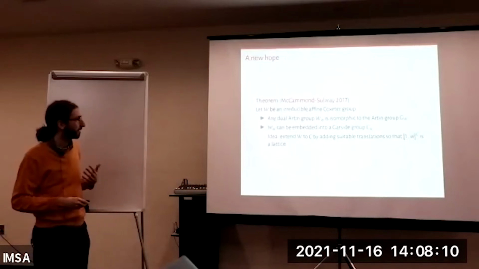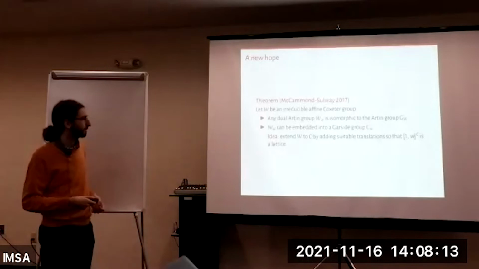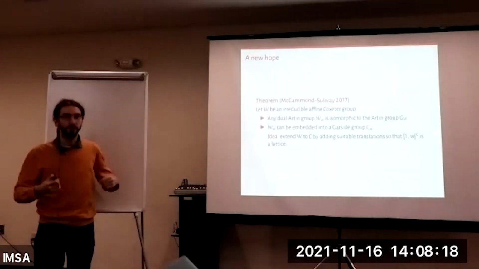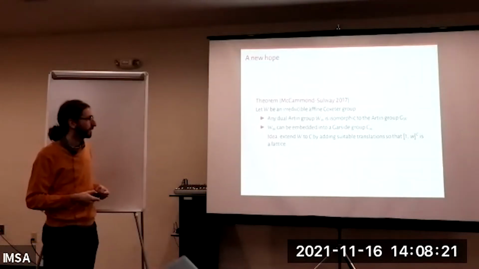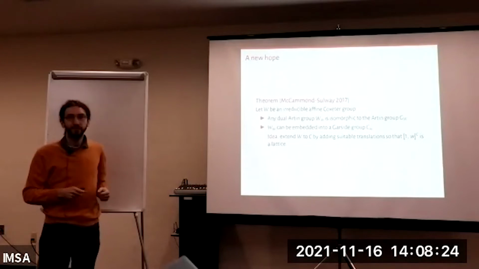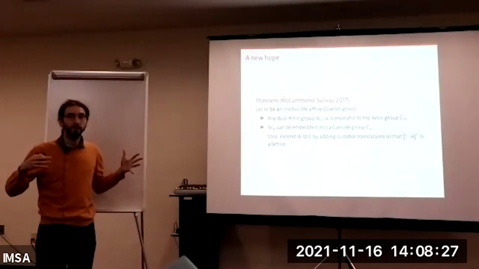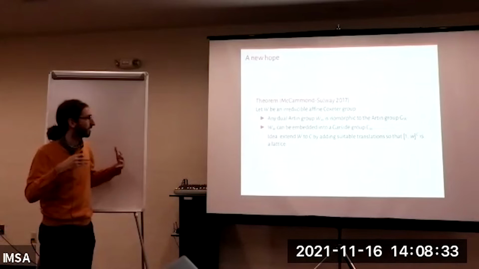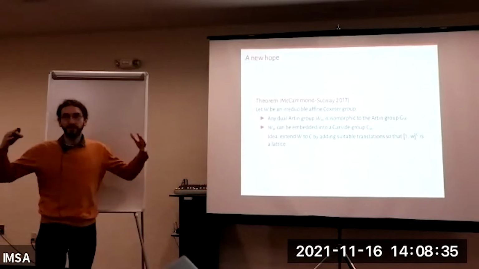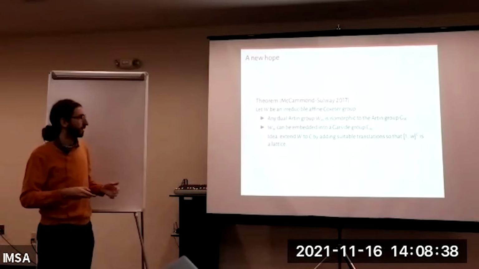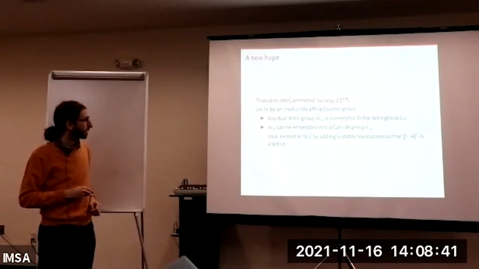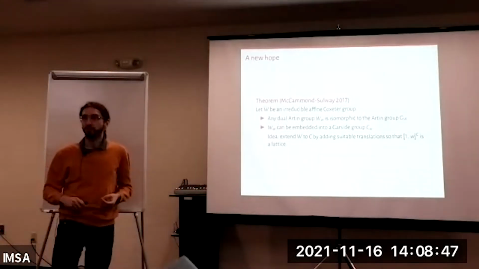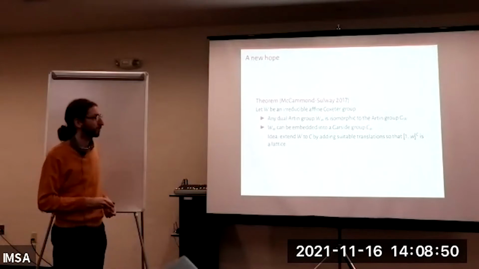In fact, McCammon and Salvetti also gave a construction of a kind of completion to a Garside group, where basically they extended the Coxeter group W with some extra translations. And these translations are built so that the interval in this extended group becomes a lattice, and our affine Artin group is going to be embedded into a Garside group that comes from this interval.